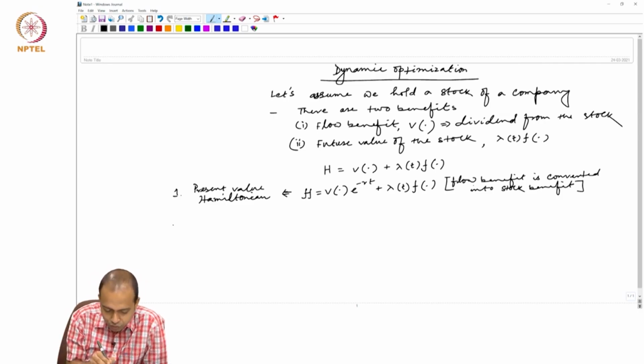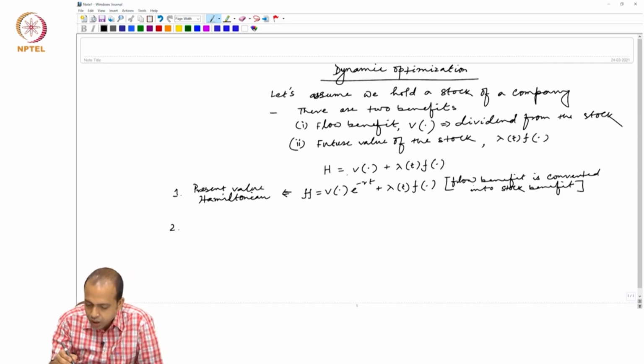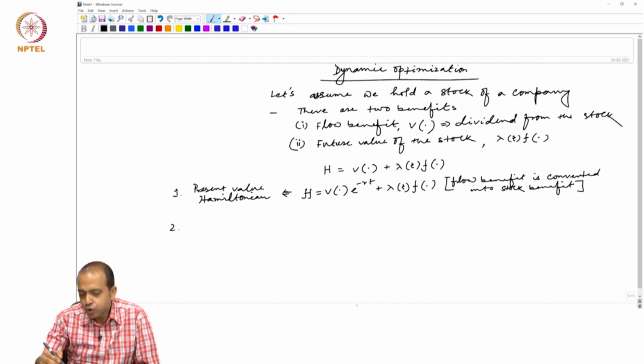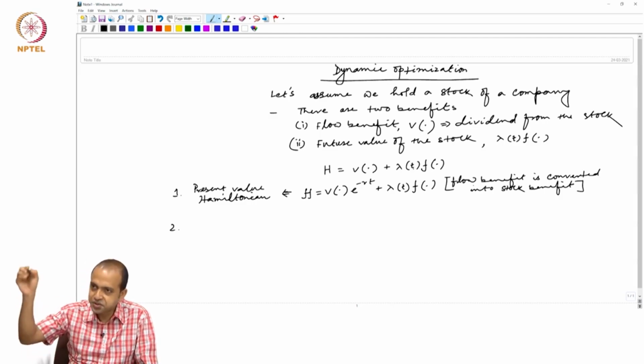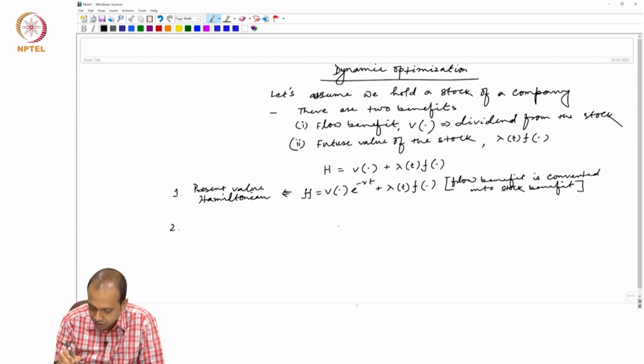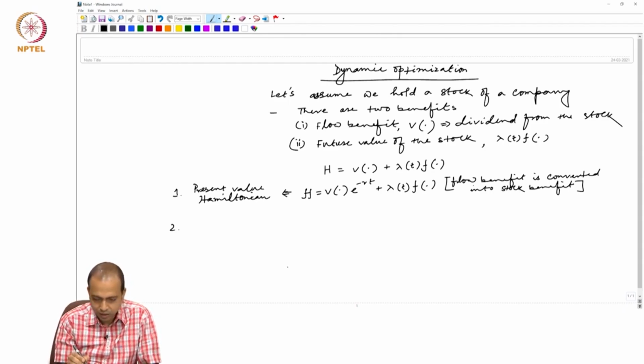Similarly, let us say I want to convert this future benefit which would be realized at one point of time into a stream, into a flow. So, what we need to do then? We need to multiply this by e to the power r t.